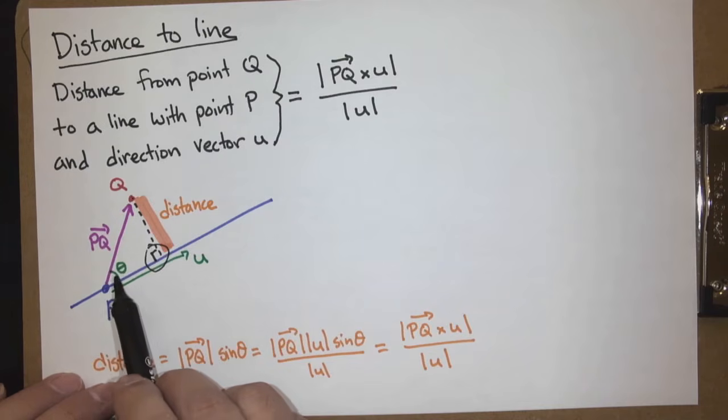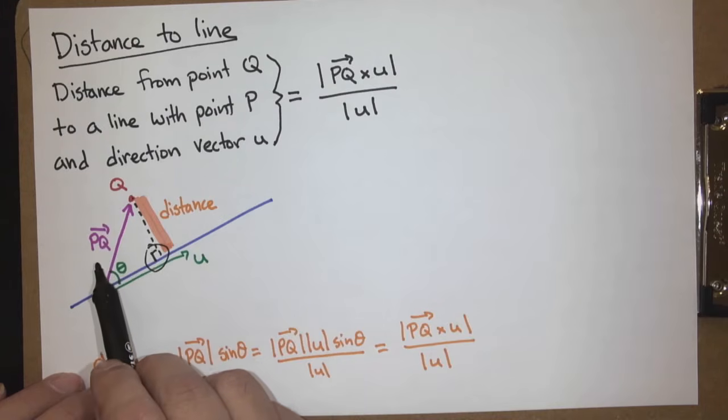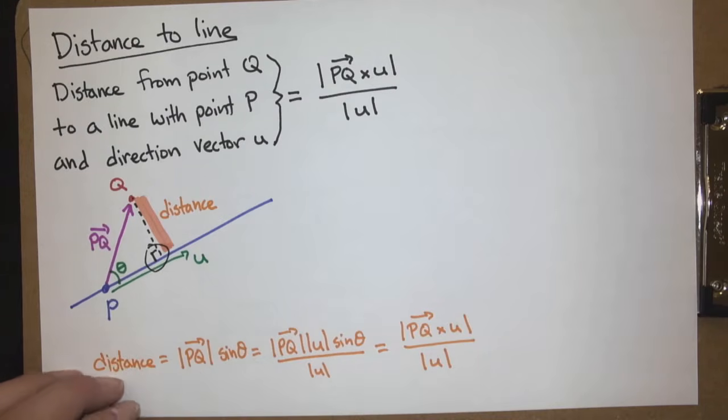So we say, okay, we have an angle. We understand the hypotenuse. We want the opposite. What relates opposite and hypotenuse to an angle in a right triangle? Sine. And if we see sine, what do we think? Cross. So the distance turns out to be magnitude of PQ sine theta.